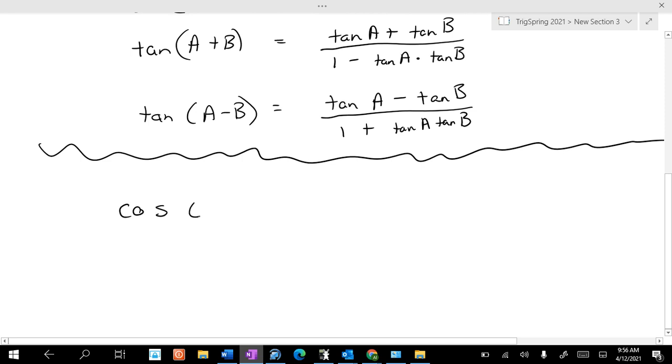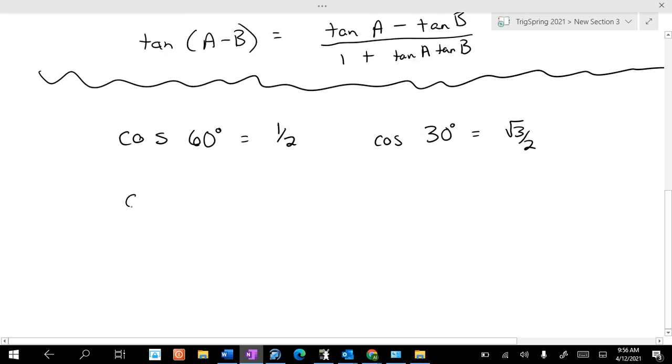From your unit circle, what's the cosine of 60 degrees? One half. What's the cosine of 30 degrees? Square root of 3 over 2. And then what's the cosine of 15 degrees?